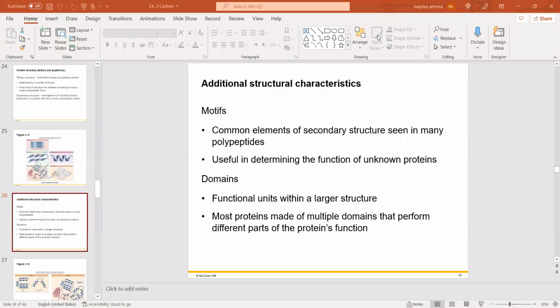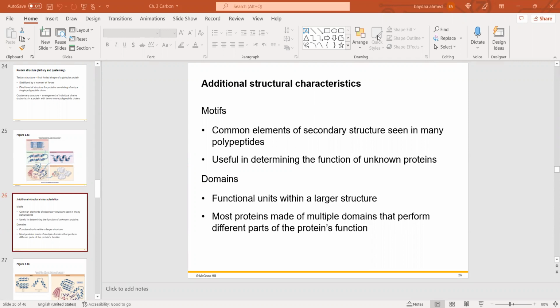As biologists discovered the three-dimensional structure of proteins, they noticed two classes of similar proteins, motifs and domains. A motif is a common element of secondary structure seen in many polypeptides. In a protein sequence, a motif is an amino acid sequence pattern found in similar proteins.